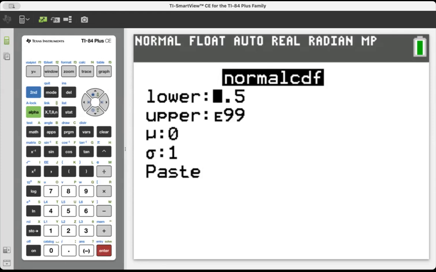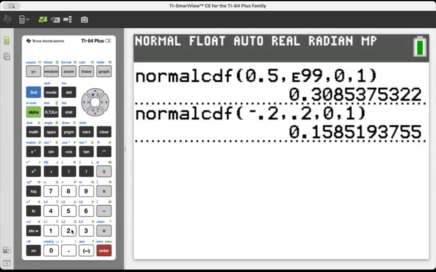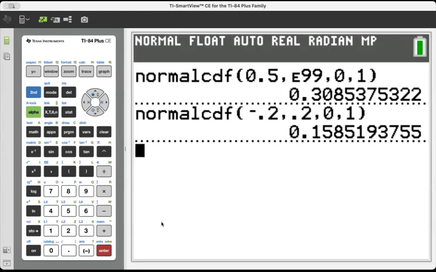We're going to make sure that we use the negative sign to the left of enter, negative 0.2. Upper will be positive 0.2. Mean and standard deviation, let's leave that at 0 and 1 and paste. Okay, so our answer here, 0.1585 or 15.85%.